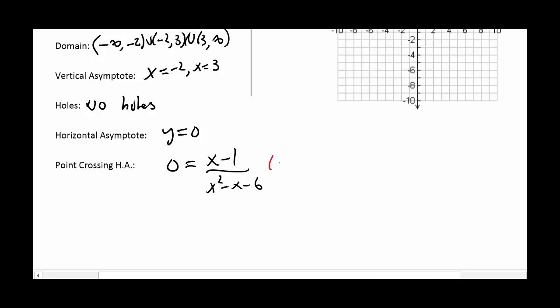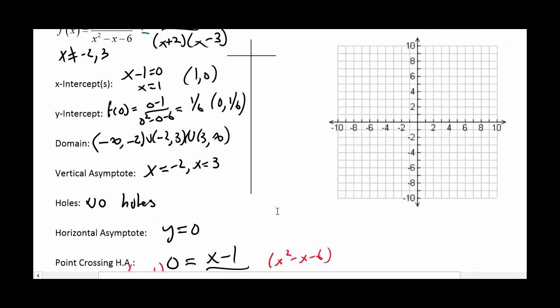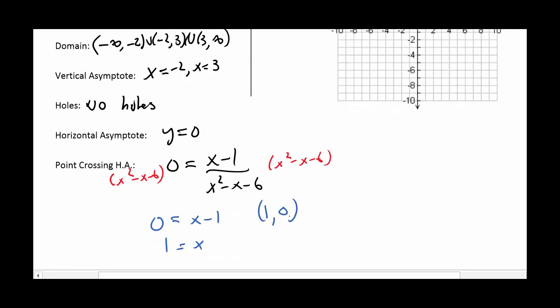I'm going to multiply both sides by that denominator, which is going to make this a lot easier equation to solve. So I get 0 equals x minus 1. So that means x equals 1. And we actually know the ordered pair for this, since that's our x-intercept. So it crosses at (1, 0).